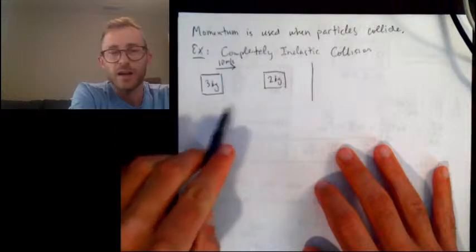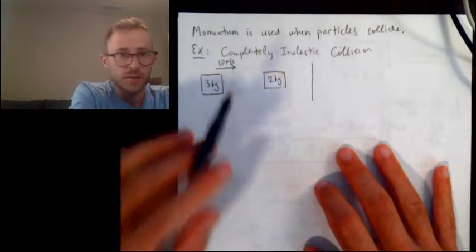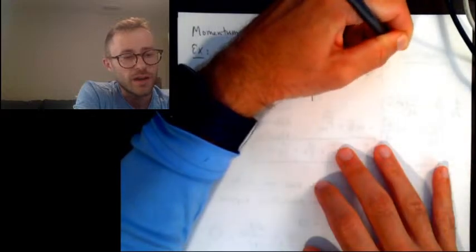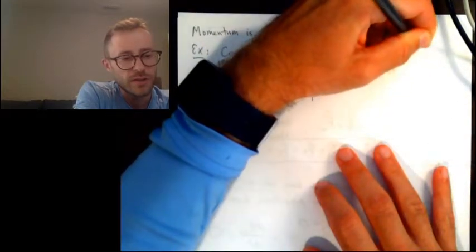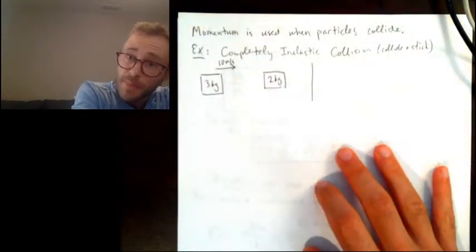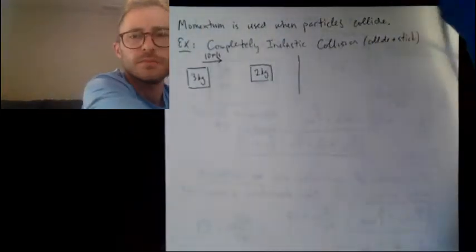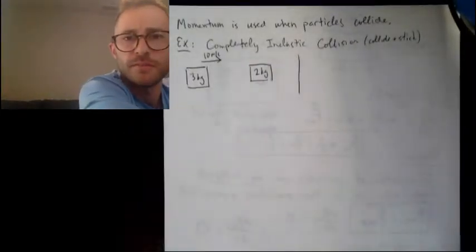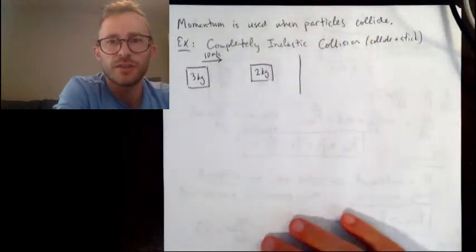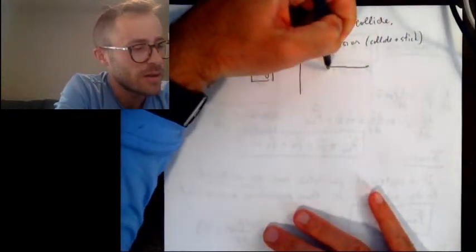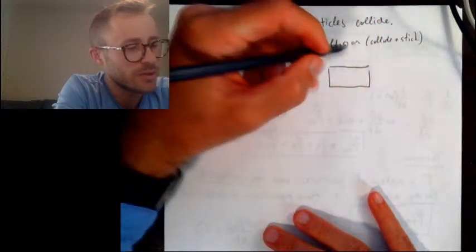The 2 blocks have a collision, and when you have a completely inelastic collision, they collide and they stick together. After the collision, it's going to be both of these blocks together.